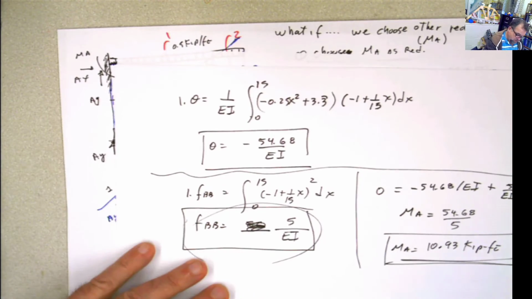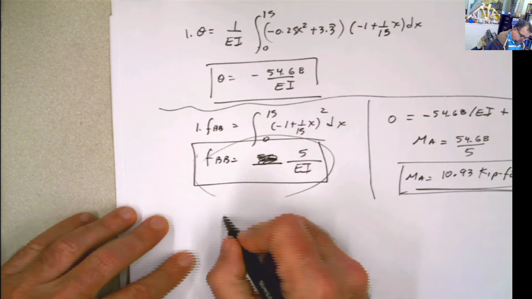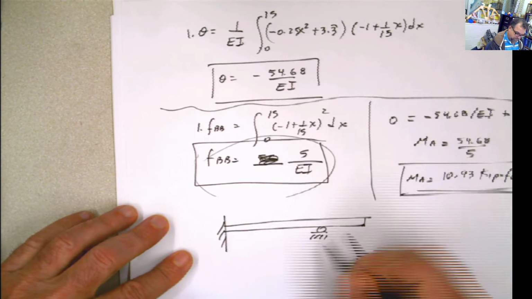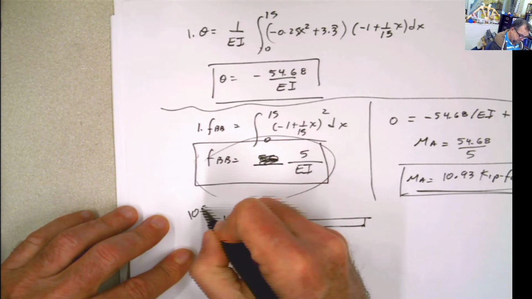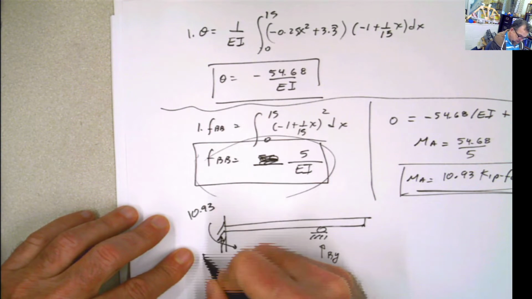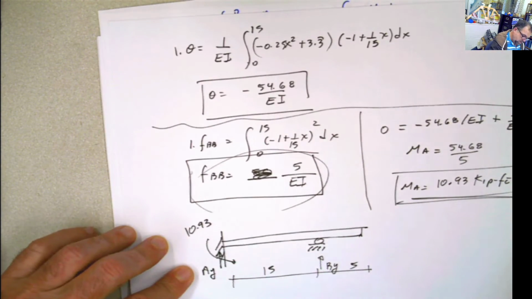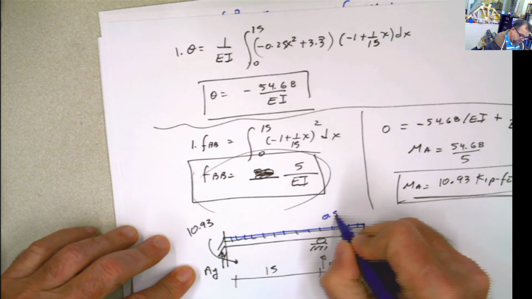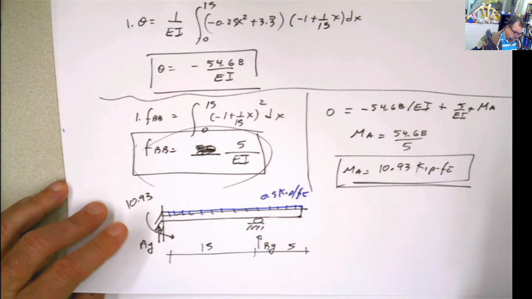So what you have to do in this case, now that you know the value for that, is go back to your original structure, which is this one. You put that value that you already know, and then this is AY, this is 15, this is 5, you have a distributed load here of 0.5 kip per foot, and the only thing that you have to do is finish this problem.